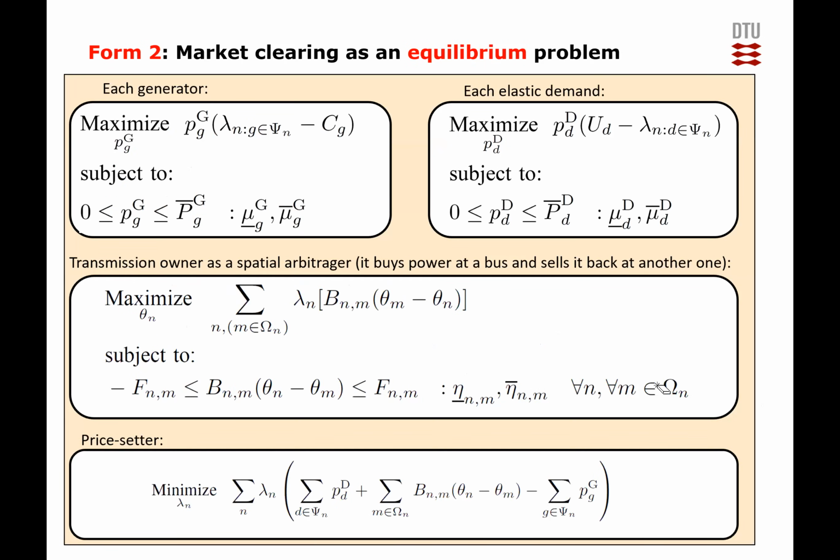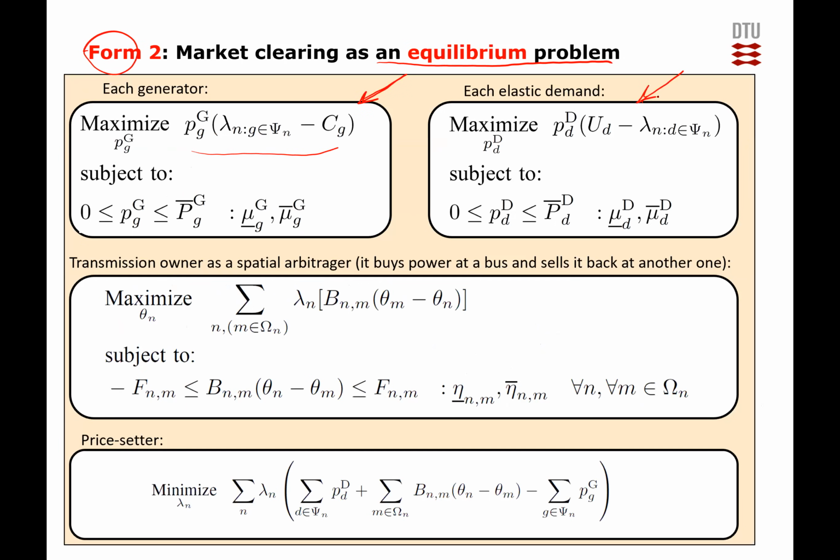Good. The second form of the market clearing problem is as an equilibrium problem. Remember, form 1 and form 2 are equivalent. We saw it by deriving KKTs. So now we have one optimization problem for each generator who is trying to maximize their profit.